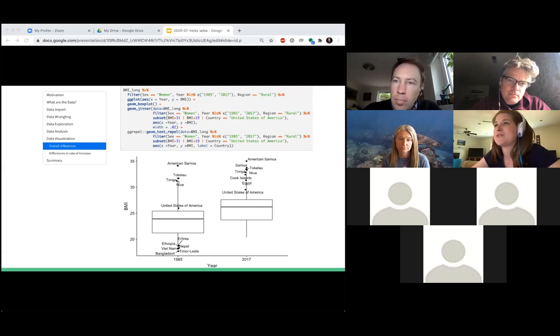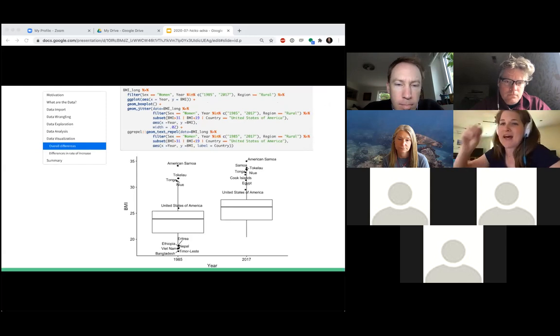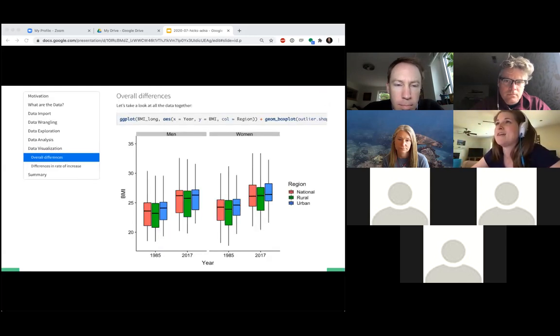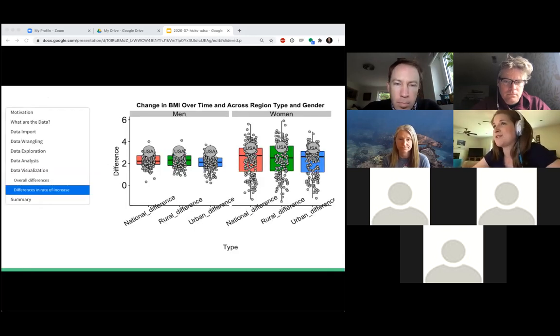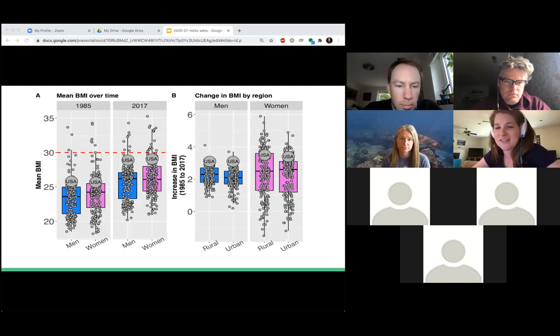So here we're showing you box plots for BMI between 1985 and 2017. We're introducing students to the concept of ggrepel and geom_text_repel, so being able to add states on top of box plots, how to do that. Being able to facet, so not only stratify by one variable, but multiple variables. Again, slowly building up to this main plot, and then you finally get where you're going.